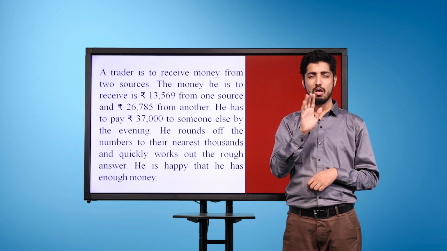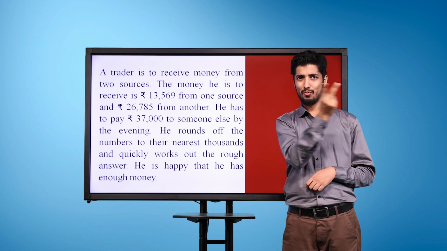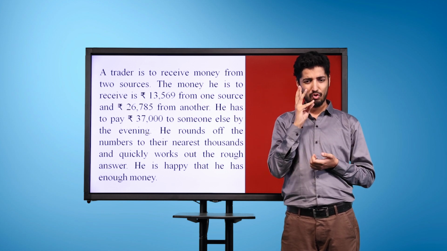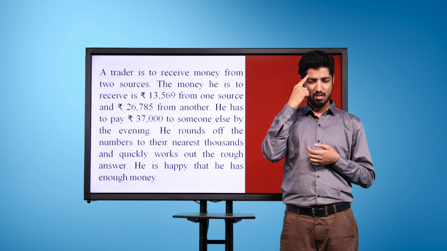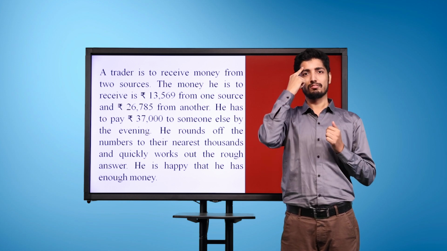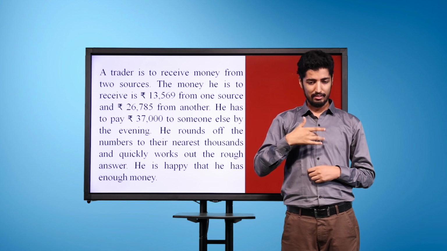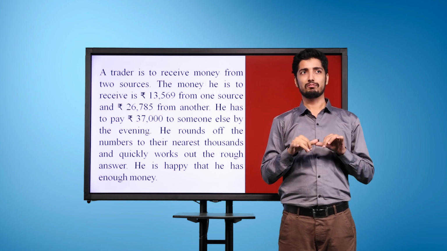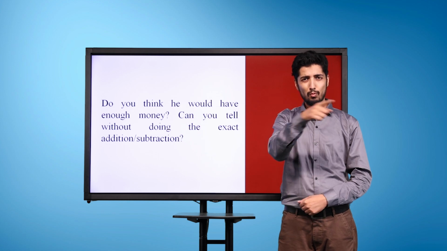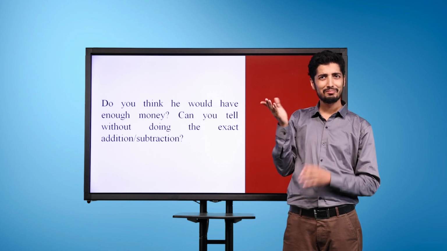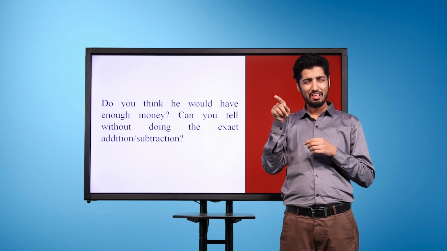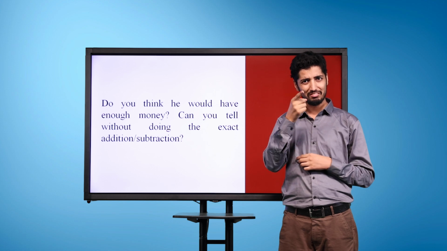He rounds off the numbers to their nearest thousands and quickly works out the rough answer. He is happy that he has enough money. Do you think he would have enough money? Can you tell without doing the exact addition or subtraction?